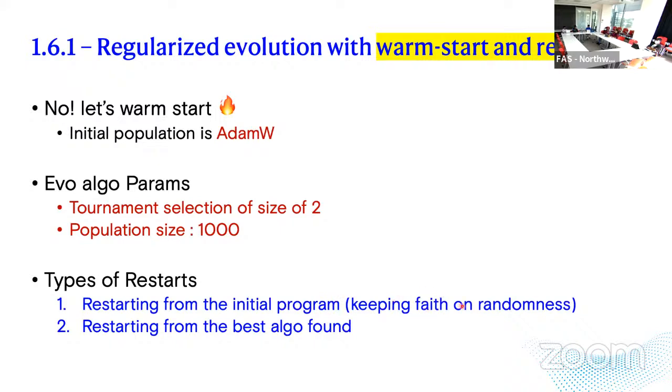They can run different initializations with different seeds in parallel. The second type of restart is restarting from the best algorithm found. I think what they do is after 300k steps, they select the best algorithm, initialize the population, and start from there. So that's the second one.